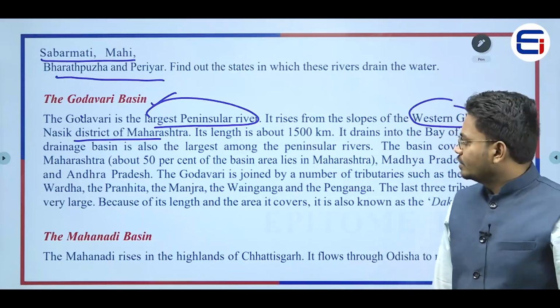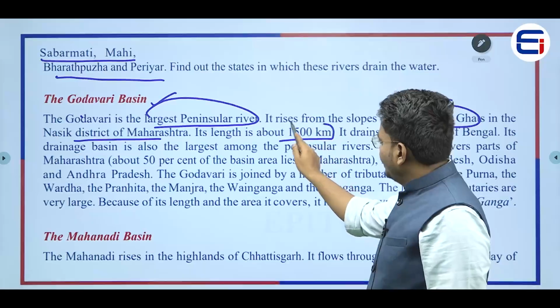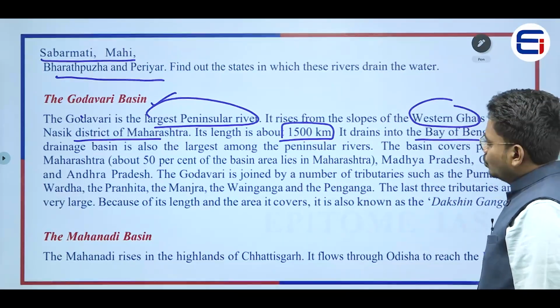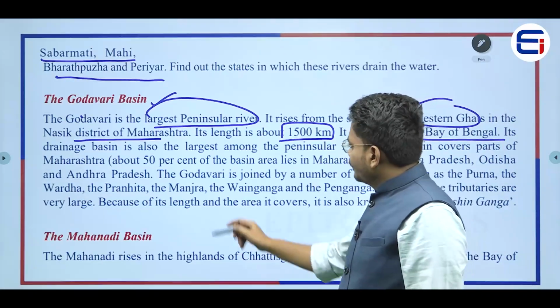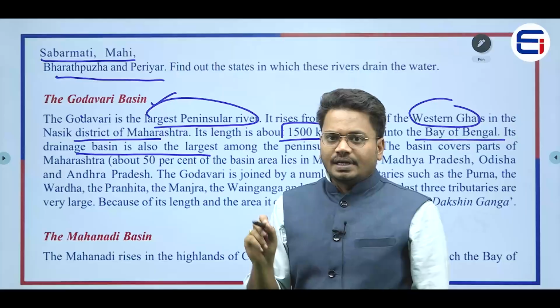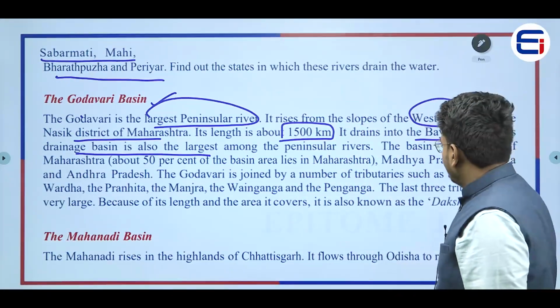So, this is the point of origin for this particular Godavari river, and if you see the length is 1500 kilometers, and obviously this particular river drains into Bay of Bengal, and as I told you earlier, the drainage basin of Godavari river is very, very large among the peninsular rivers that are present.